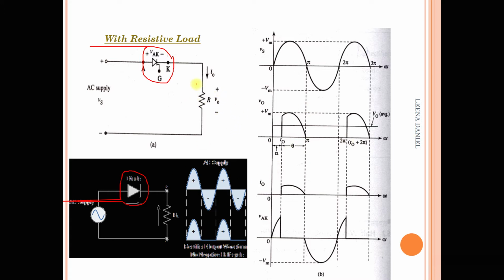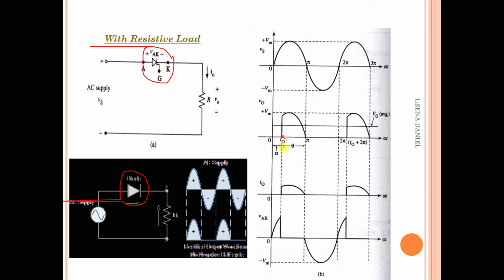Here we use only a resistive load. In the case of a diode, we get the output from 0 to 180 degrees, but in the case of a thyristor we get the output according to the requirement, meaning you can fire the thyristor at any angle and get the output.